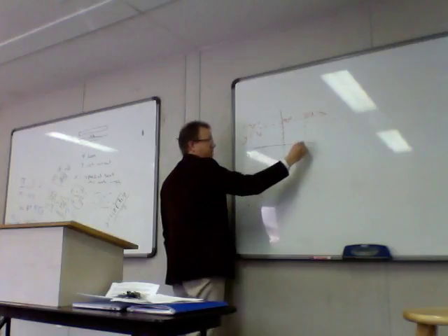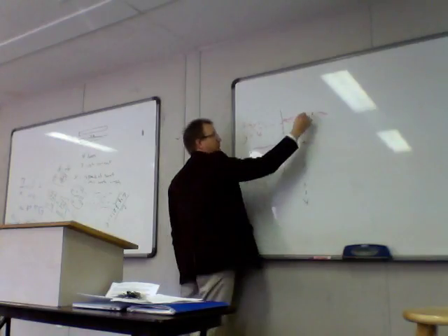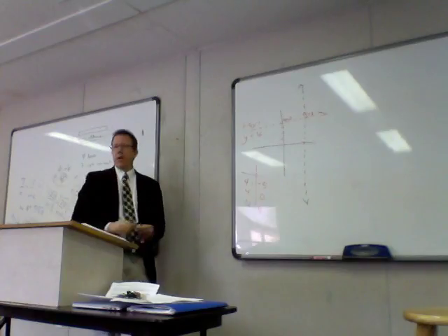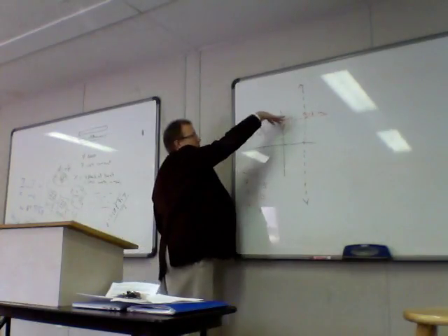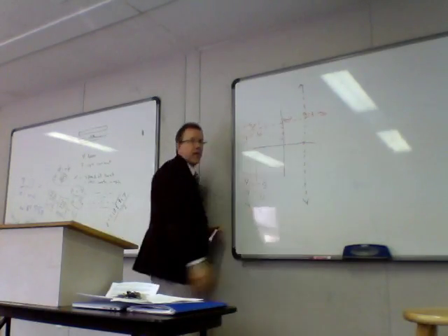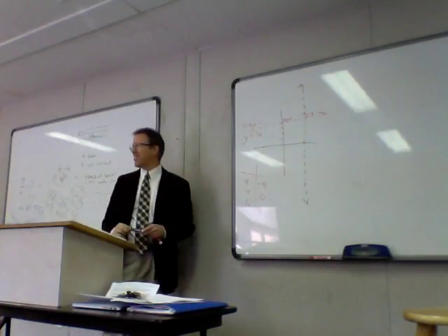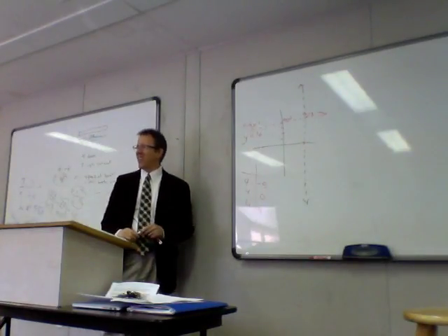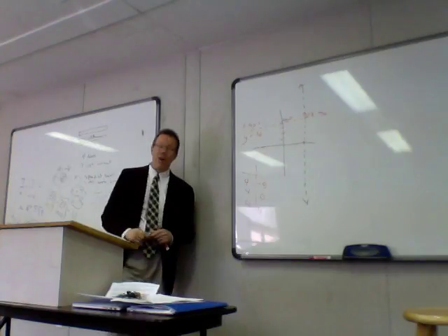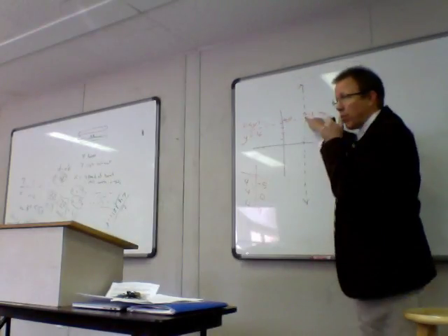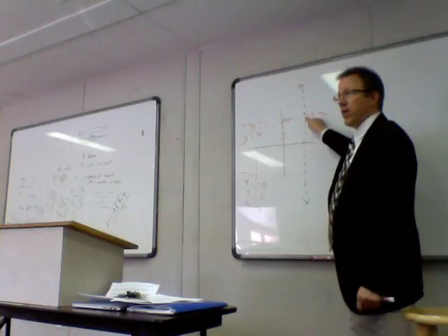And can anyone see what we've got going on here? What have I done? I've inverted this horizontal line, and it's now a vertical line. Does the vertical line pass the vertical line test? So if I draw a vertical line through this point here, will I hit any other points?